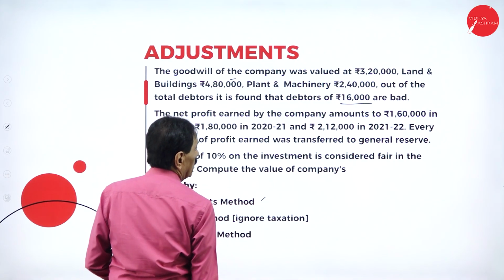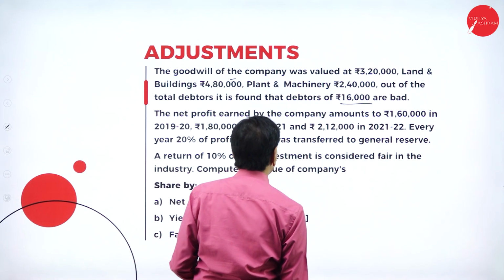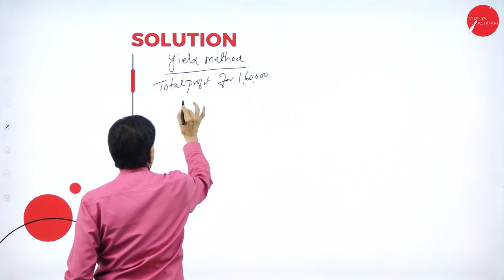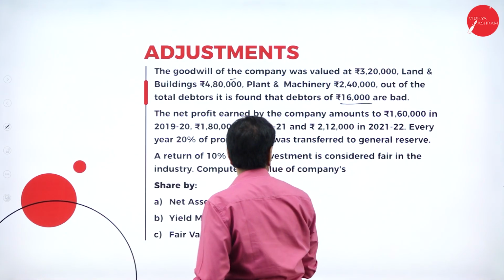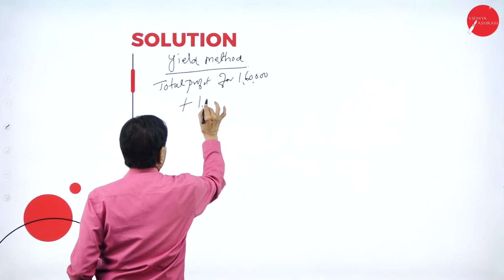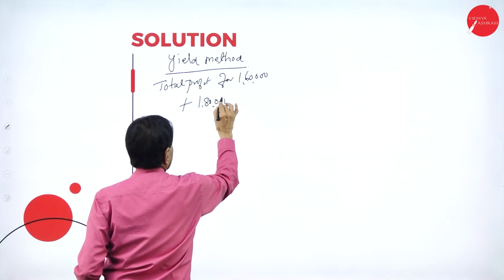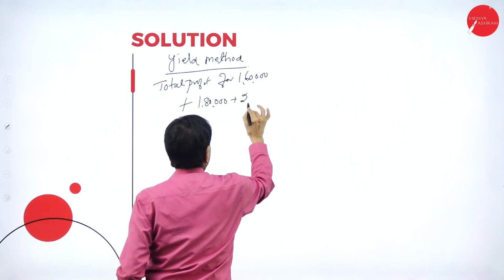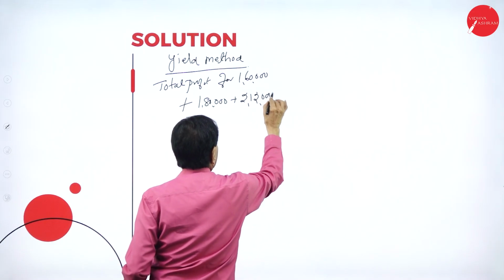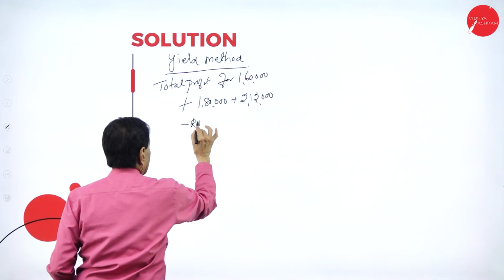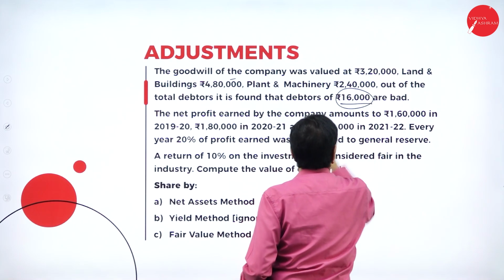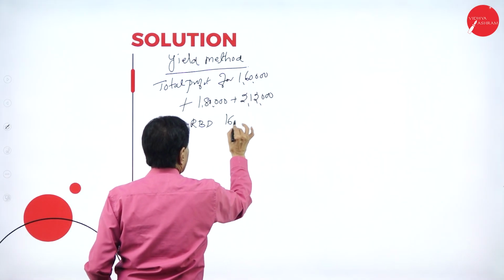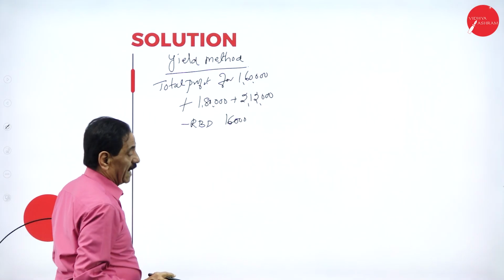Total profit: 1,60,000 plus 1,80,000 plus 2,12,000 minus RBD 16,000.